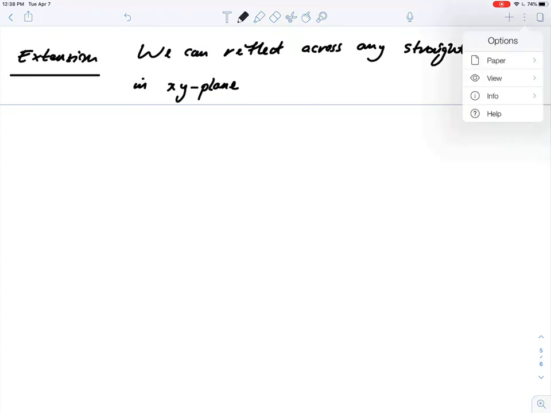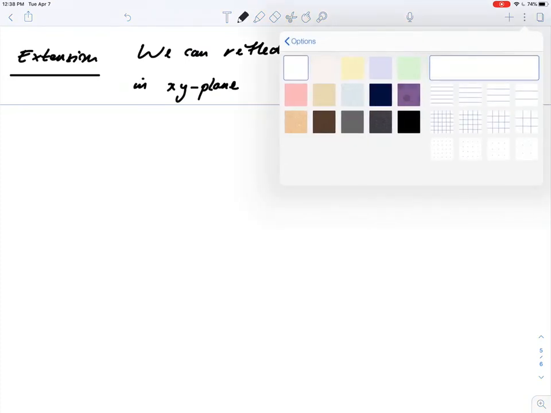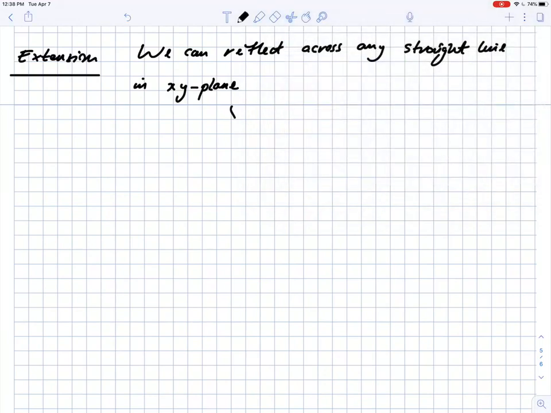So just as an example, if I had a horizontal line which isn't the x-axis, we can do exactly the same thing.